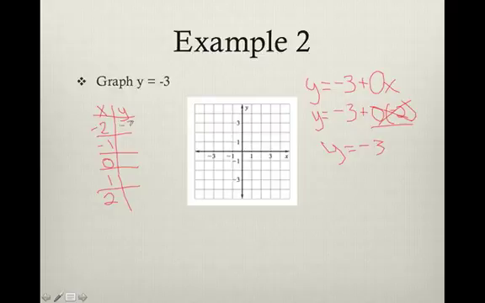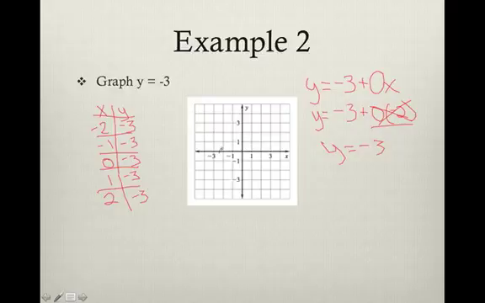So in my graph, in my table, I would put a -3. If I plug in a -1, this is going to cancel out again, leaving me with -3, and so on and so on. So all the y values in my chart end up being -3.